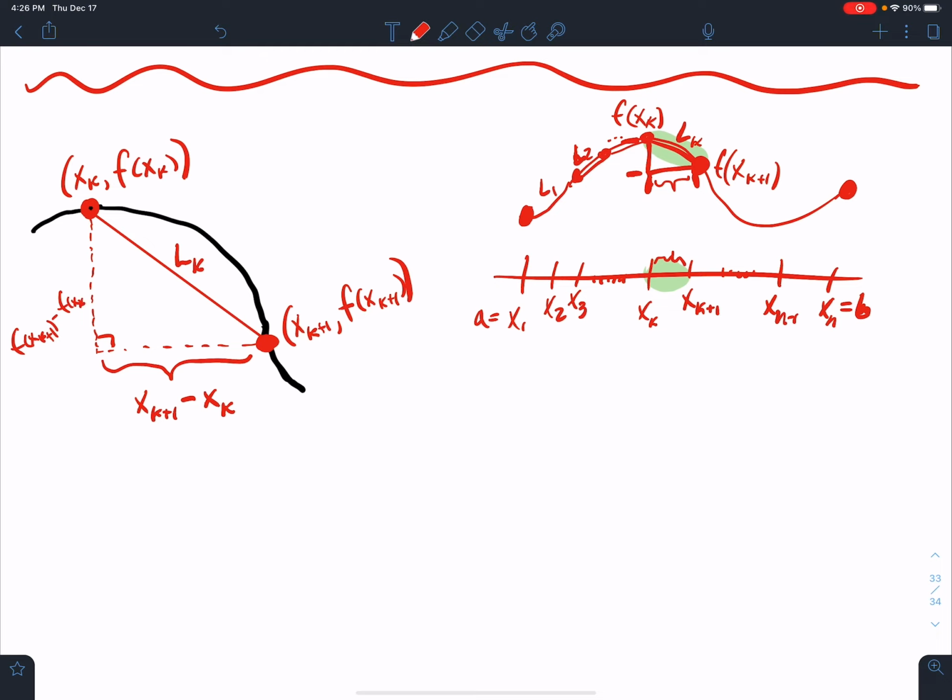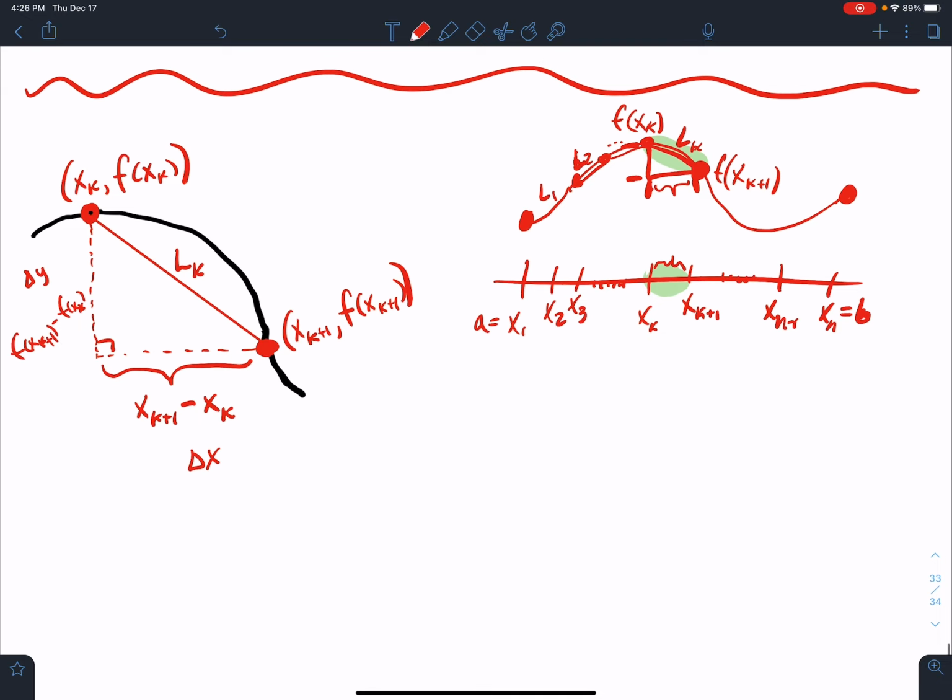Okay? So remember we're going down this way. That's a negative slope going on there. So that's my change in y, and this is my change in x. So what do I know?